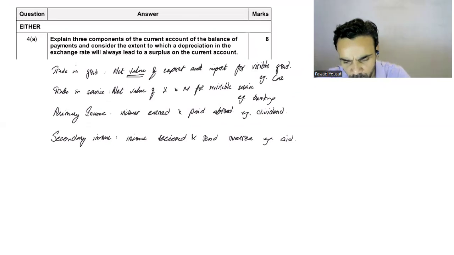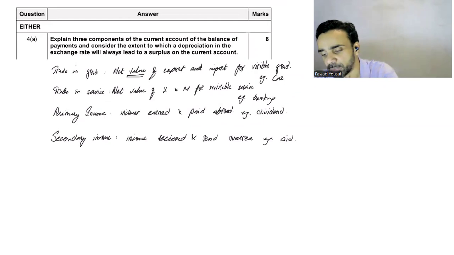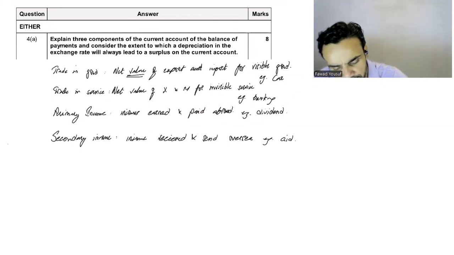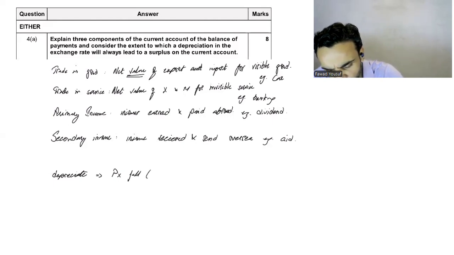The problem we had was the later part, where it says: will depreciation always lead to a surplus on the current account? So obviously in analysis you have to make a for and against argument. If a currency depreciates, I don't know why kids don't write this up front, but we know that the price of exports falls, which means that your exports become cheaper.